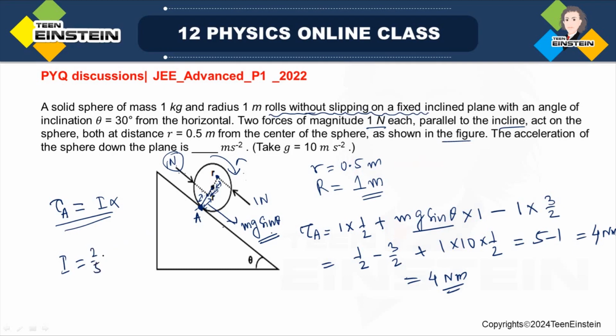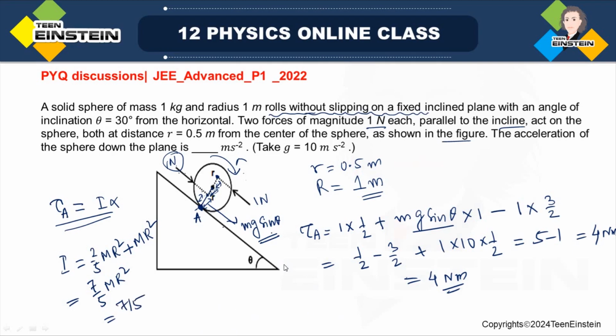This is the moment of inertia about the diameter, plus mr square, okay, because this point A is at distance r from the center, okay. So it will be 7 by 5 mr square, okay. M is 1 kg and this r is also 1 meter, so it will be actually 7 by 5.